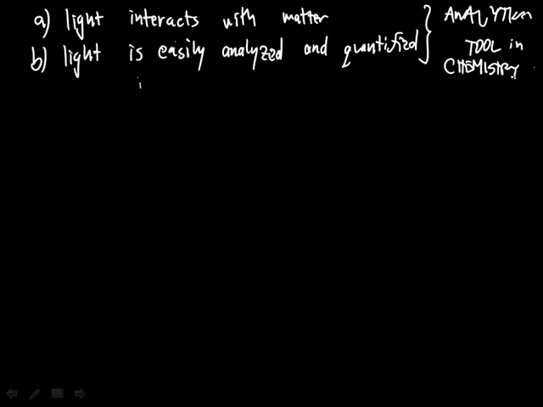Okay? Now, as I mentioned, different kinds of light cause different kinds of changes in matter, right? And so let's now review what kind of changes the different kinds of light cause. Let's start with the most energetic, gamma rays. They're so high energy that they basically break chemical bonds and thus destroy molecules.